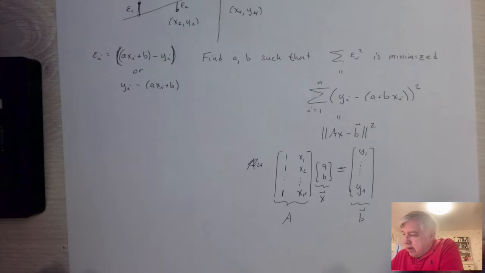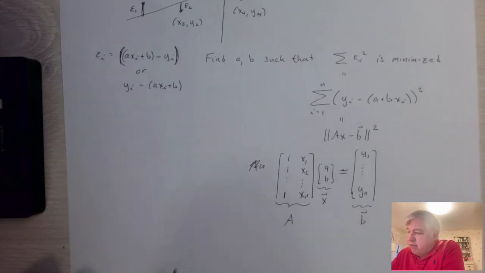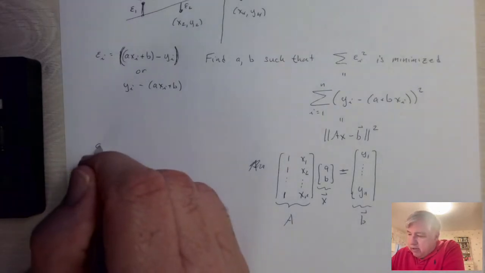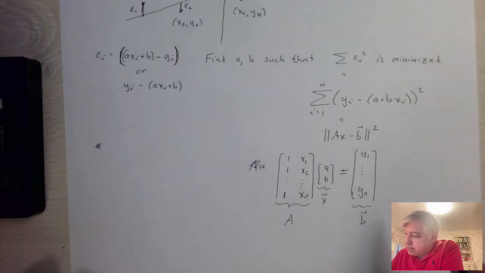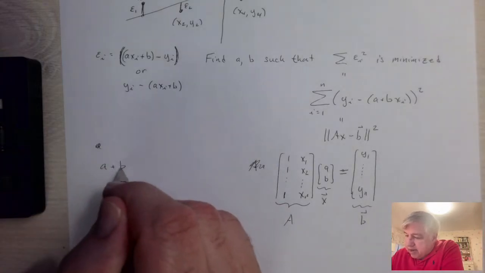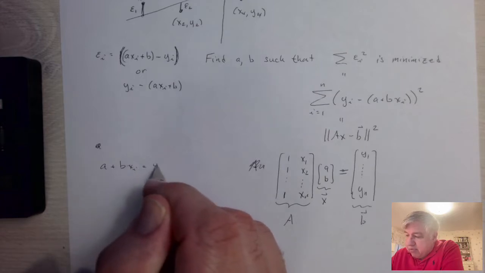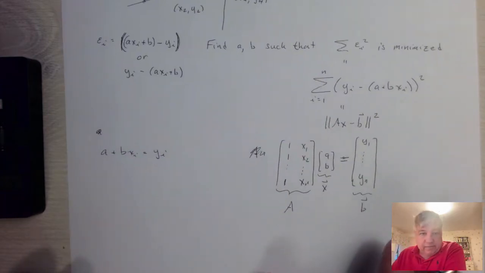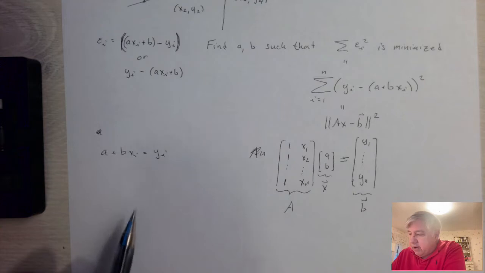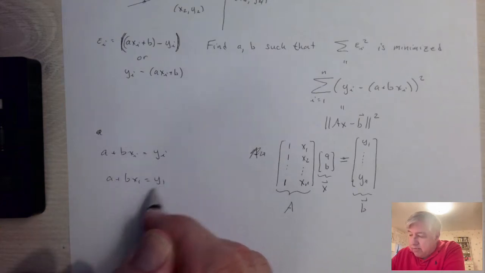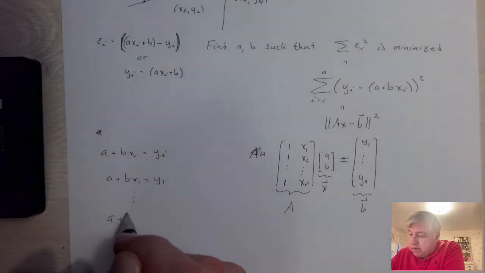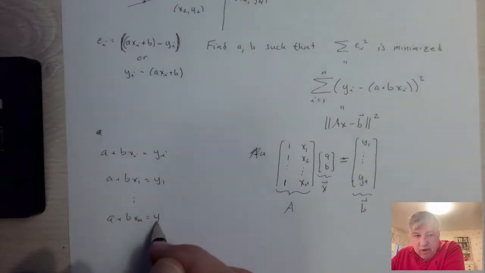And again, this comes from the fact that ideally what we want is a plus b x_i to be equal to y_i for each i. So we get a plus b x1 equals y1, through a plus b xn equals yn.